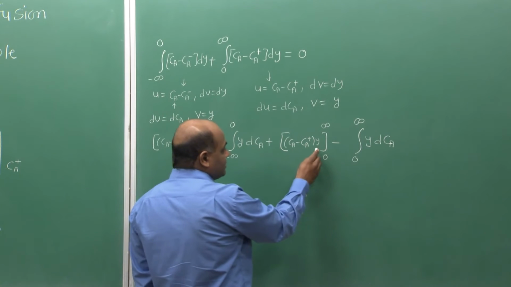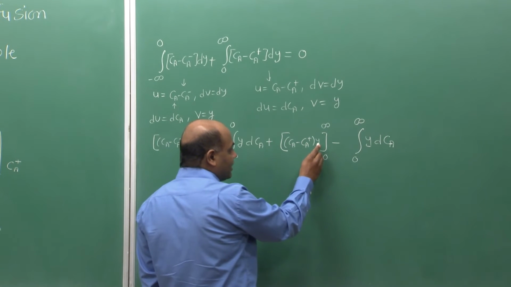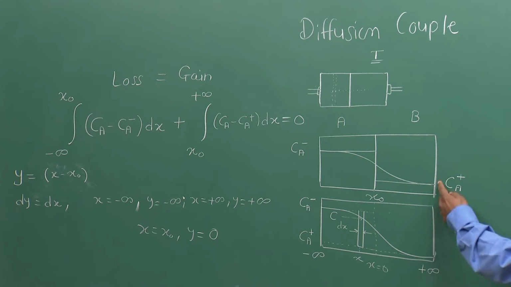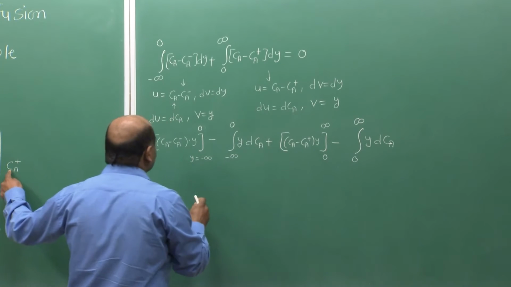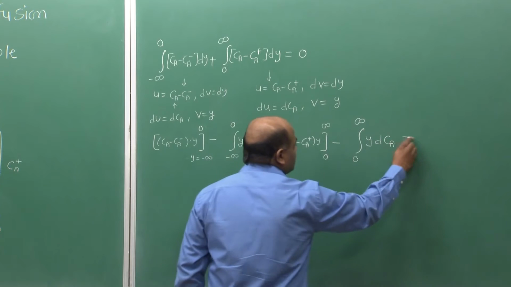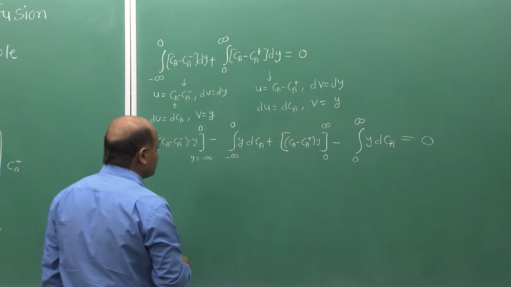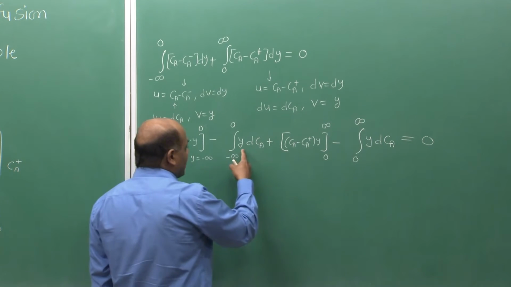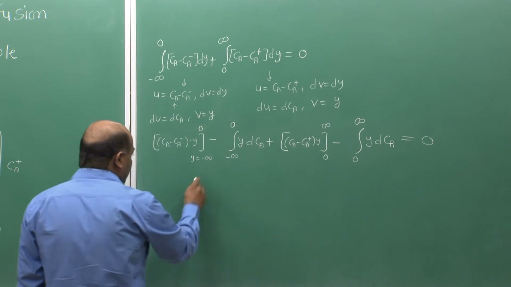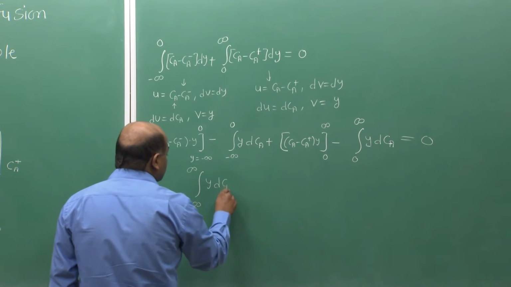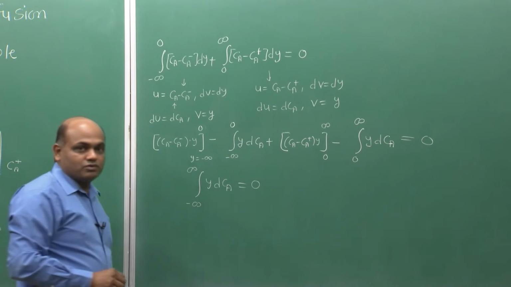Similarly, this term will vanish at y equal to 0, and also at y equal to infinity, that is on the right terminal, Ca is equal to Ca plus, and so again this term will vanish, and this should be equal to 0. So, these two minus signs will go away, and if you see the two integrals, they are for the same y dCA, and so we can write the integral from minus infinity to plus infinity of y dCA should be equal to 0.